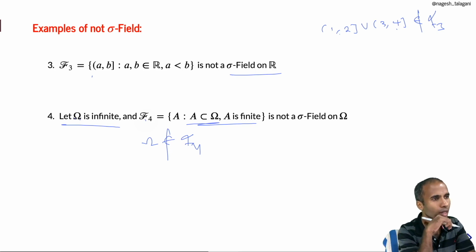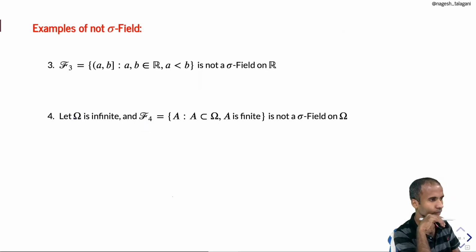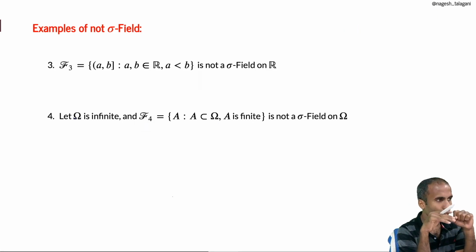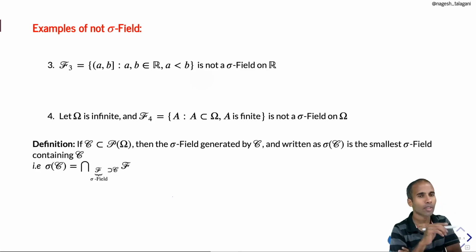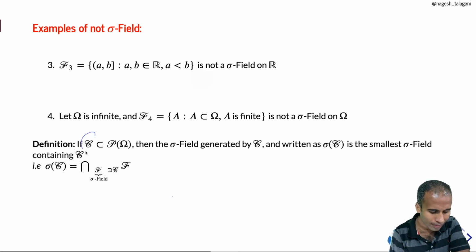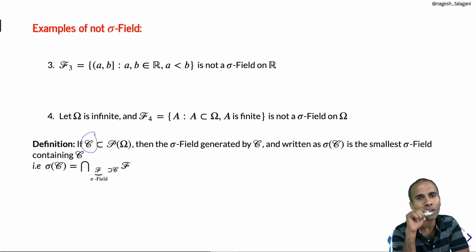Now, if some collection of subsets of omega that we are interested in happens not to be a sigma field, then we look for the smallest sigma field that contains our collection. That leads to the following definition. Let script C be the collection of subsets of omega that we are interested in.